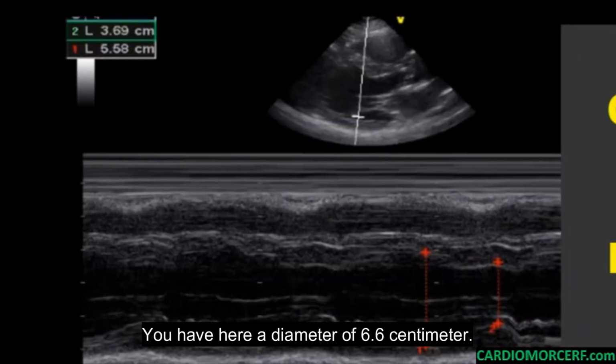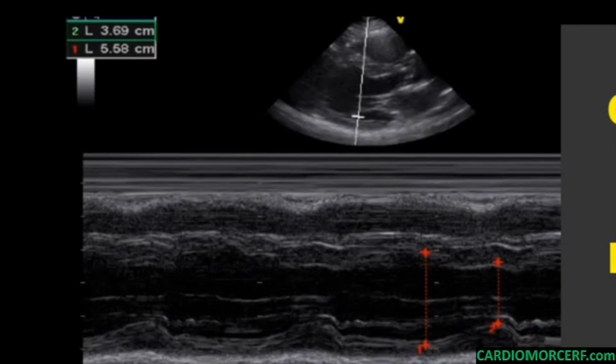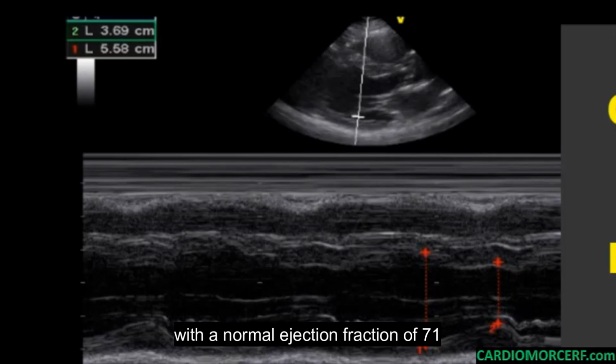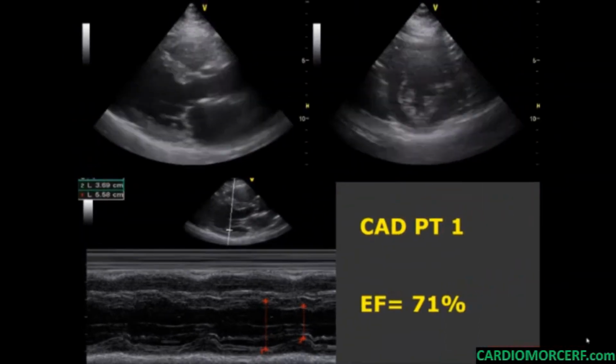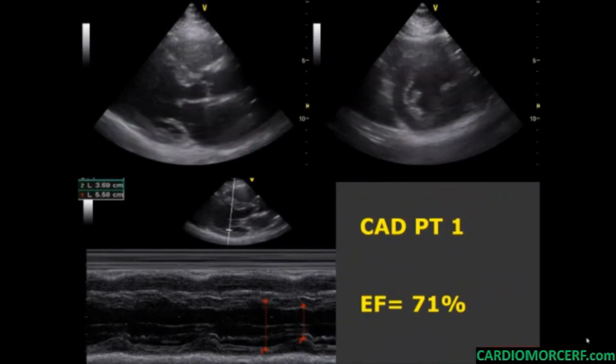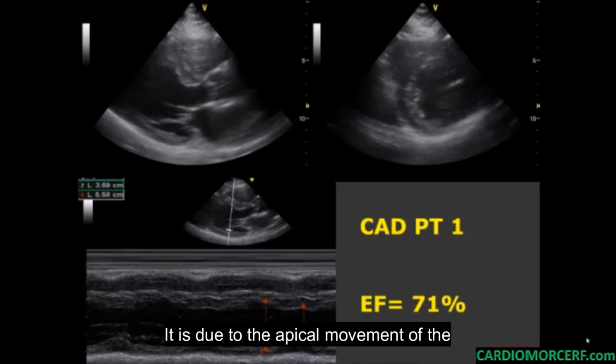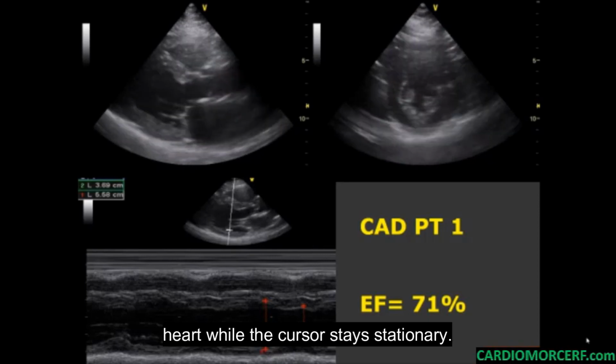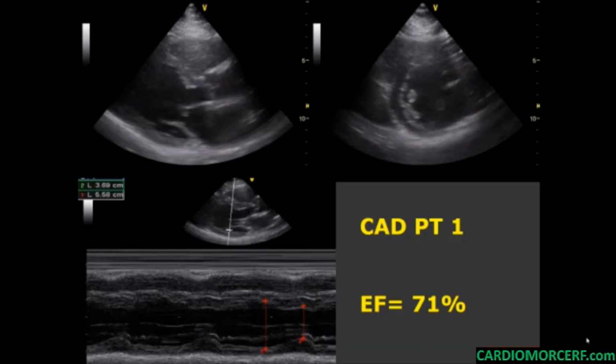You have here a diastolic diameter of 6.6 centimeter and a systolic diameter of 3.7 centimeter with a normal ejection fraction of 71. Sure, it is not. It is due to the apical movement of the heart, while the cursor stays stationary.